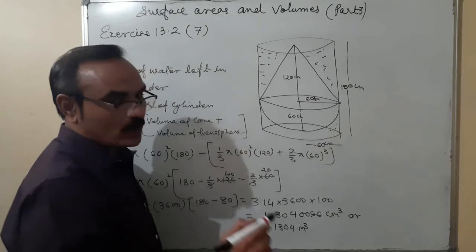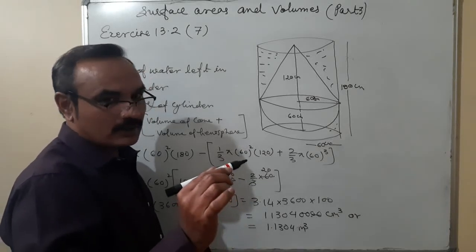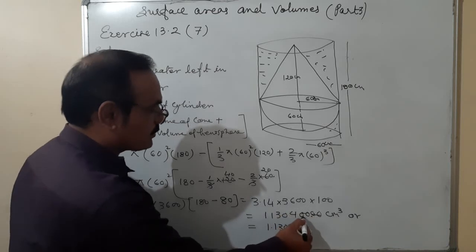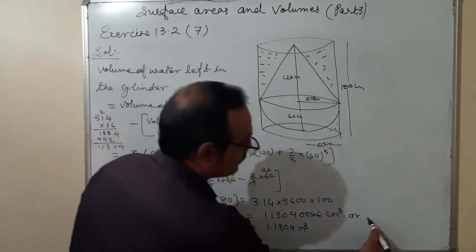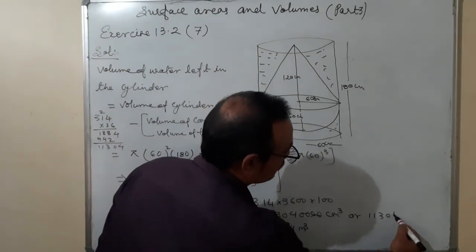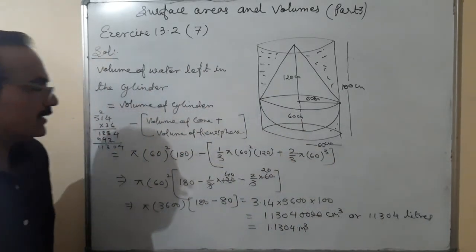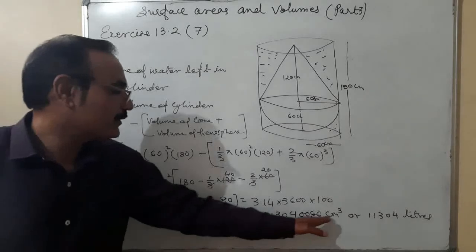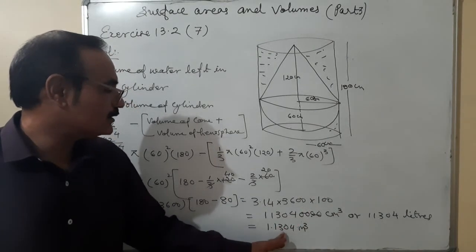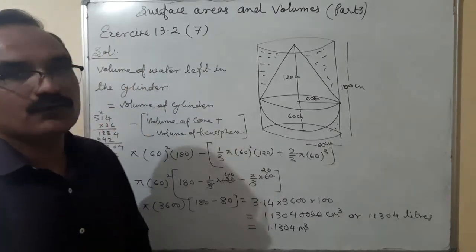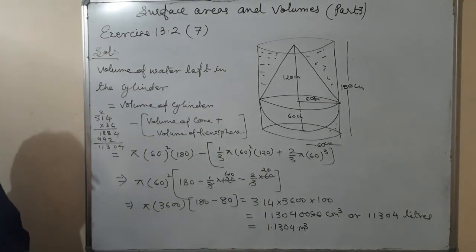So we'll write here 1 liter is equal to 1000 centimeter cubes, so divided by 1000, 11304 liters. Okay, so we can convert it any of the ways. Either you can leave it here only, or this 1.1304 meter cube, or 11,304 liters.